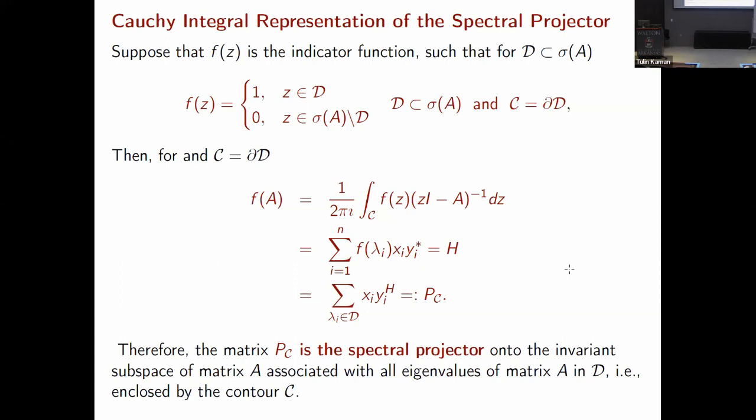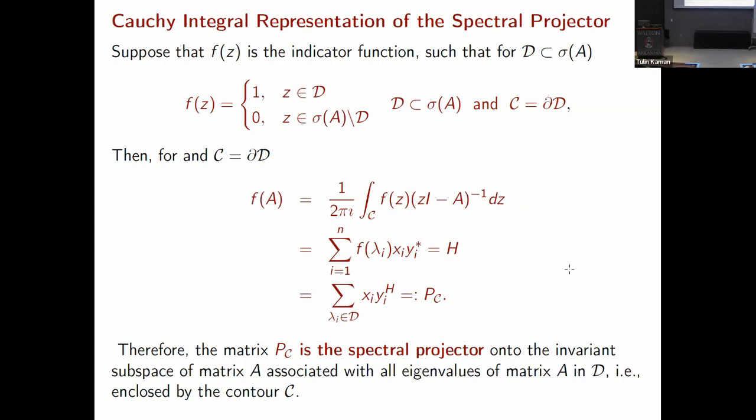So for every lambda i in the set D, we have this representation. If you look at what this sum is, it's exactly a spectral projector onto the invariant subspace associated with all the eigenvalues lambda i in D. If we can do it exactly, I get a spectral projector, and we know that if I have a spectral projector, I can use it to determine all the eigenvalues and eigenvectors.